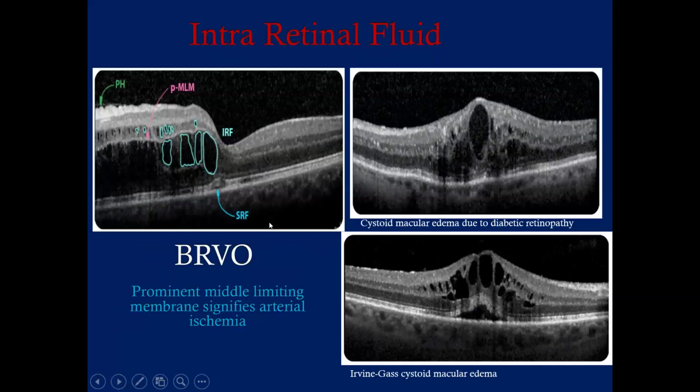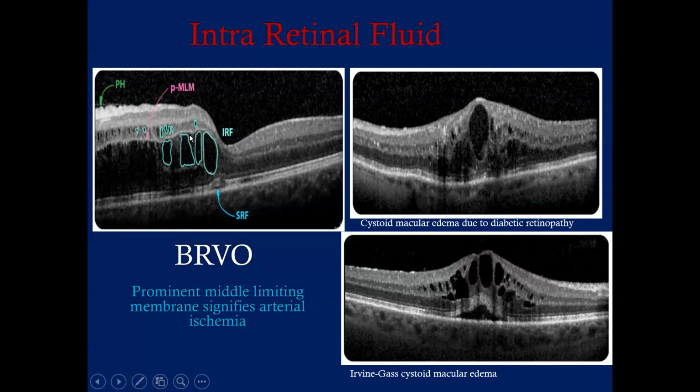So as you see from this picture, you can have fluid of different sizes in the intraretinal space, and some subretinal fluid. This patient has retinal vein occlusion, and prominence of the middle limiting membrane, which is a sign.